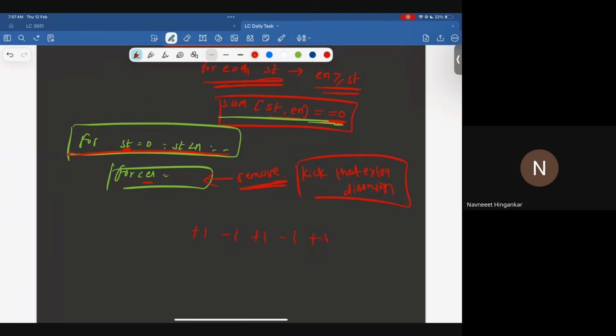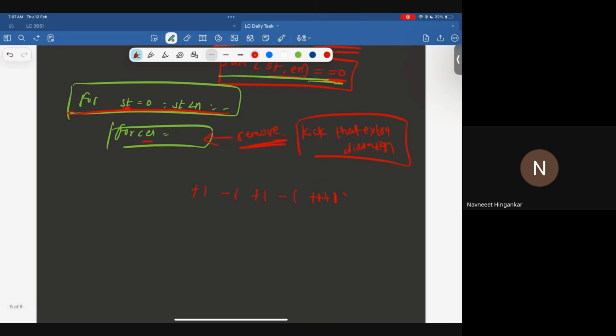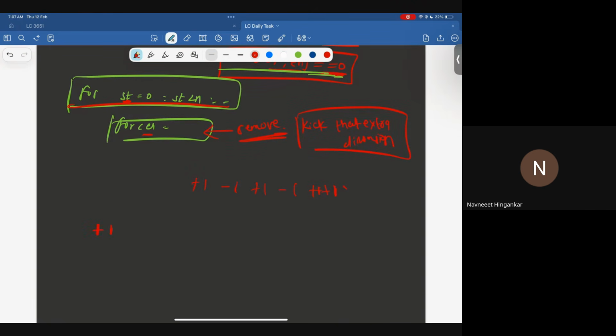Let's say +1, then -1, then +1, then again 1, then 1, then -1, -1, -1. Okay, so let's say this was my array, and my point was this thing.